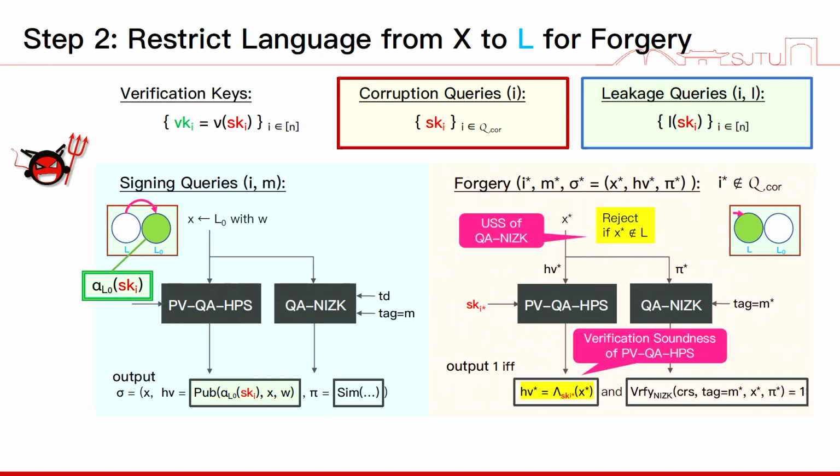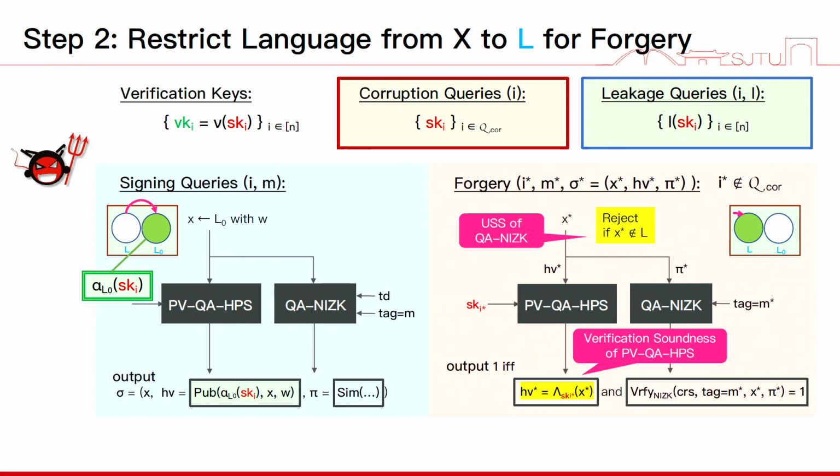In the second step, we will directly reject the forgery if the X star is not in L. And this is indistinguishable by the unbounded simulation soundness of quasi-adaptive NISIC.